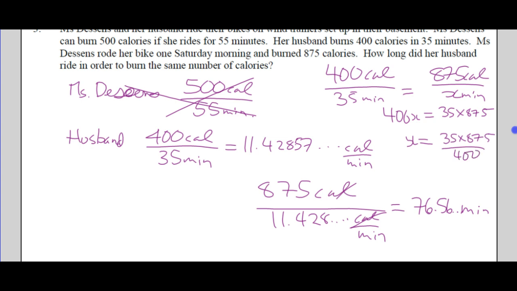So you can set up an equivalency, calories per minute to calories per minute. You know 3 of the 4, you can figure out the 4th. A little bit of math. So either way, the unit rate, and then in this case divide it to get the minutes, or set up an equivalency and solve.